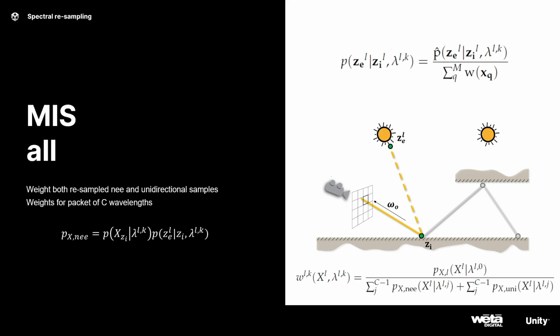So we open up this term and arrive at a generalized approximation of the PDF of generating the samples at EL. That is, if we generated the emissive point ZE by unidirectional sampling, and we want to know the probability of sampling this with respect to next event estimation, we just need to evaluate the target function for that point with respect to the desired wavelength lambda LK.